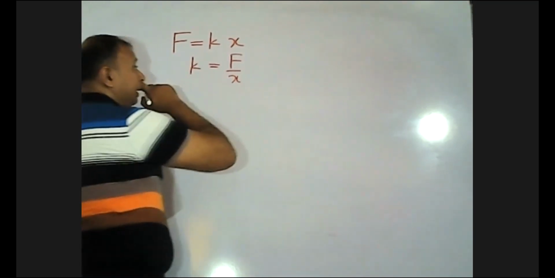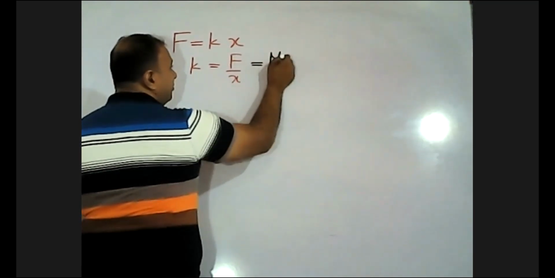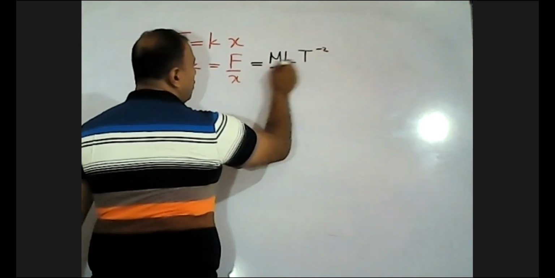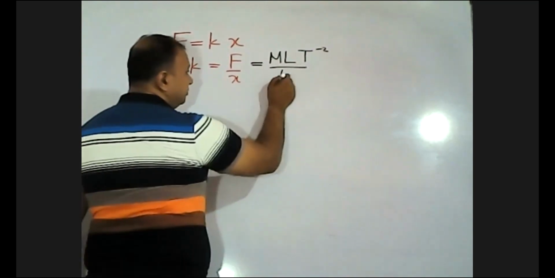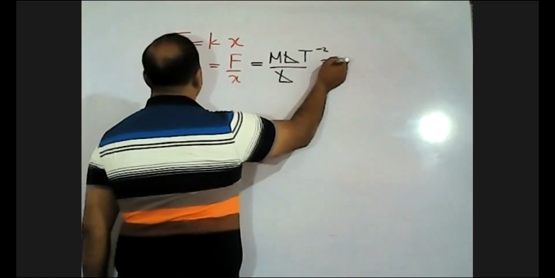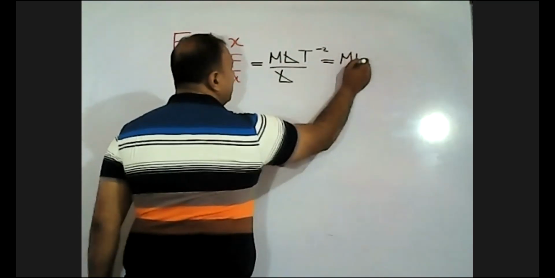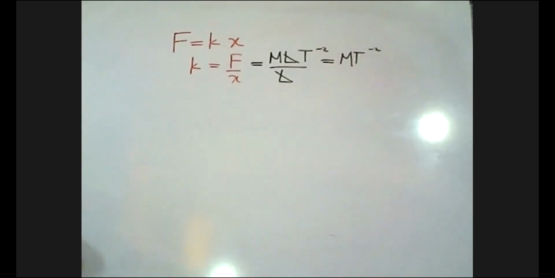So I can find the dimension of k: m l t minus 2 over x, and x means l. L to L will be cancelled out. So dimension of k is equal to m t minus 2.